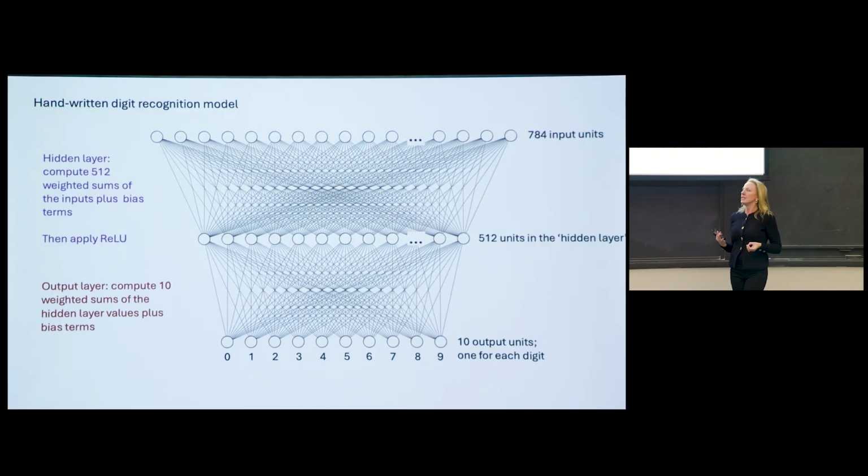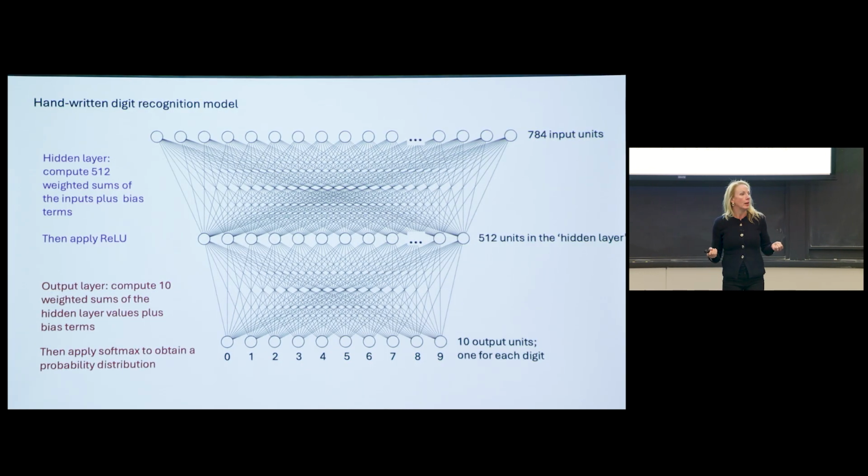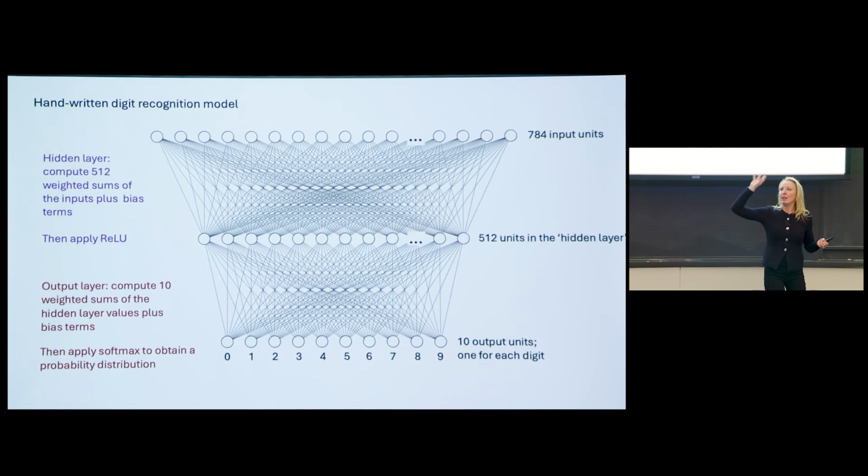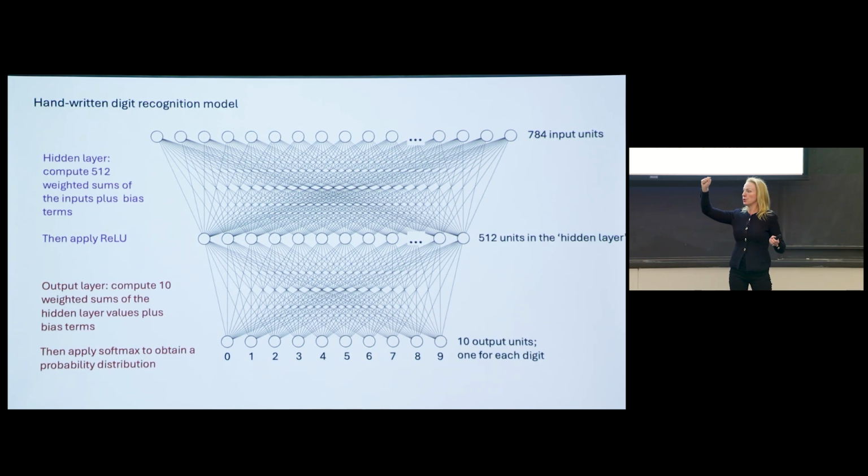So what we decided to do was transform this into a probability distribution over these 10 categories by applying a function called softmax. And really the important takeaway about softmax is that if you have one very large positive number, softmax is going to translate that to something very close to 1.